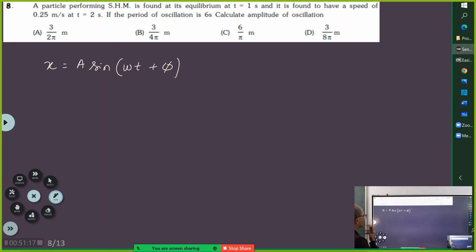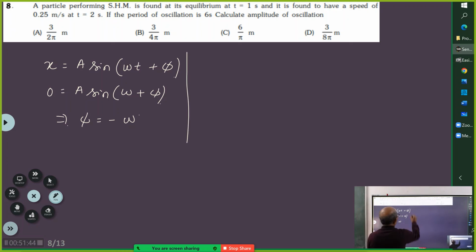So for equilibrium position, with the expression they have given, we take x equals 0. So this gives you a sine of omega t plus phi, with t equals 1 second. This implies phi is equal to minus omega. This is the conclusion you can draw.